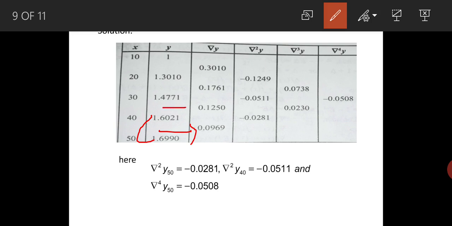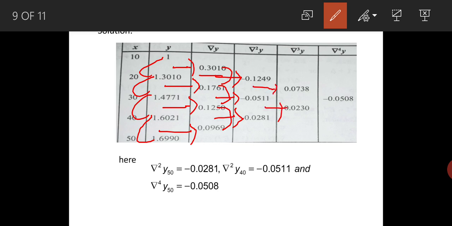Similarly, if you take the difference of these two, the value is here, and for these two, the value is here. Similarly, I can get this, this and this. That is the difference between these two values. Okay, fine.